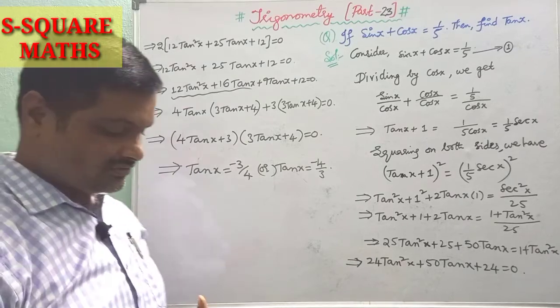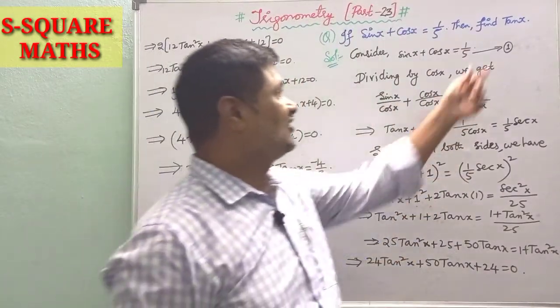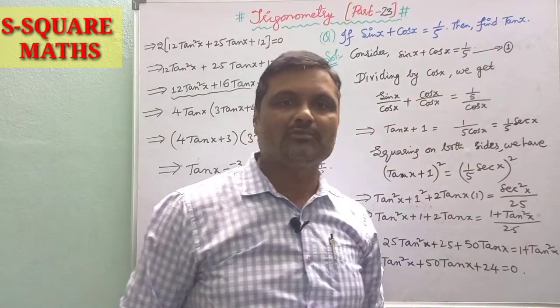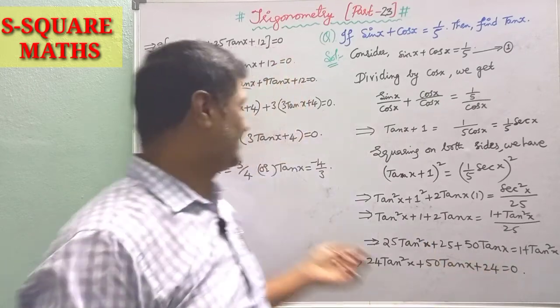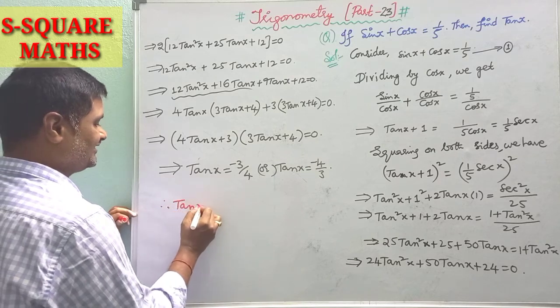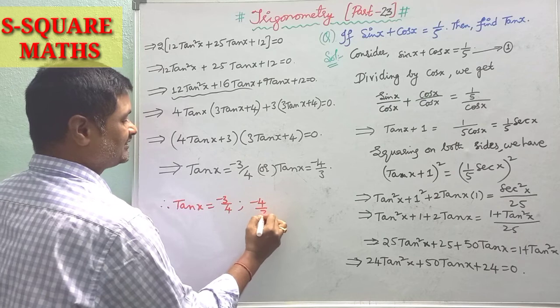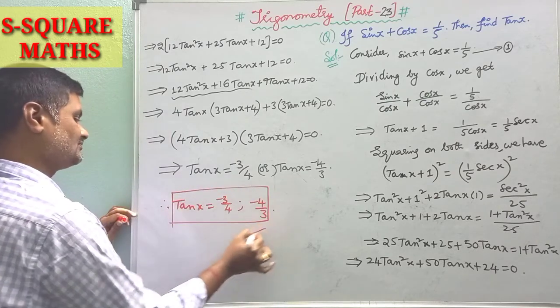In this way you can pick up the value of tan x by various mathematical operations: squaring on both sides, trigonometric identities, and solving the quadratic equation. Therefore tan x is equal to minus 3 by 4 or minus 4 by 3. This is the conclusion for the given problem.